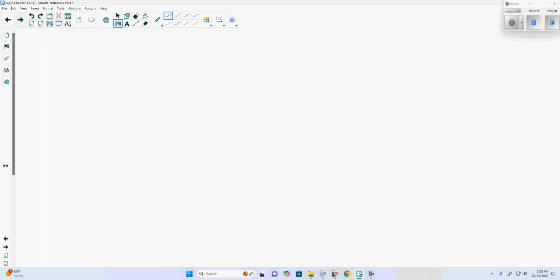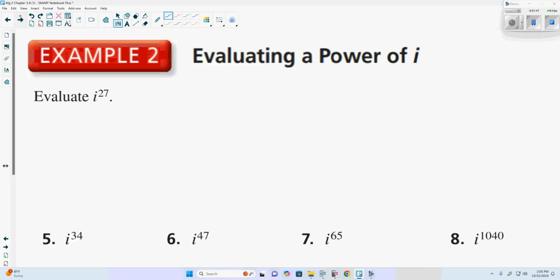The next thing we did was powers of i. For our powers of i, whatever the exponent is, we divide it by 4, and we'll get a decimal.